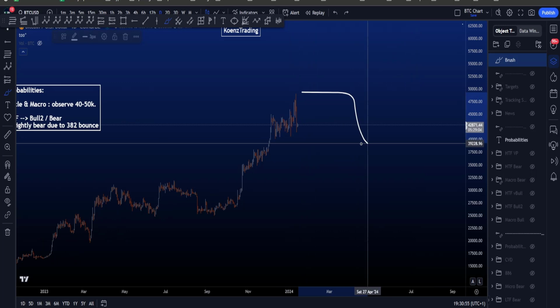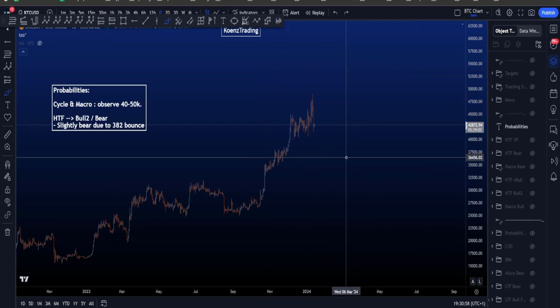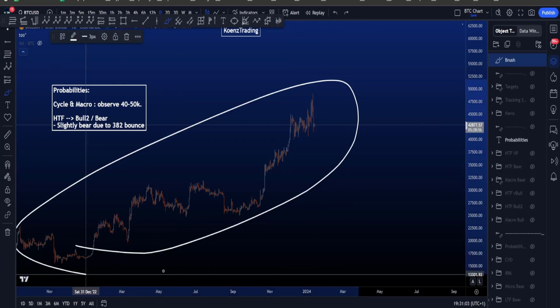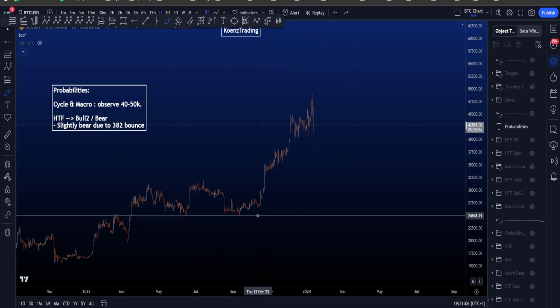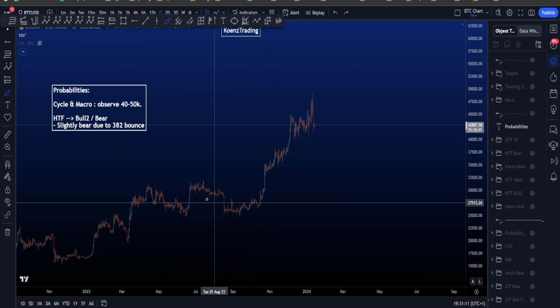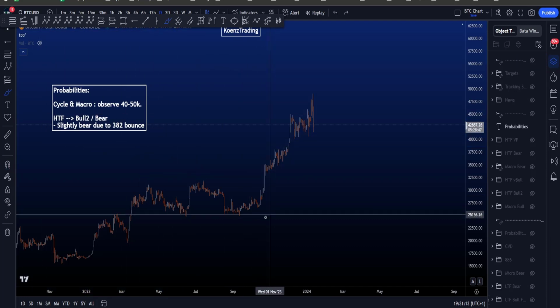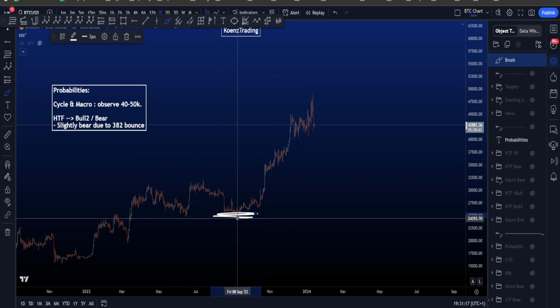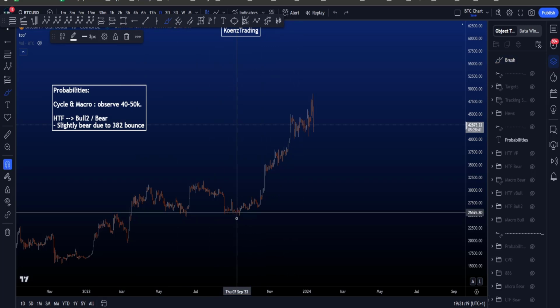It really depends on the local price action, which has to do with the local or the short-term daily updates. On the high time frame, which is the daily chart over here locally, the fact that price bounced on the 0.382 here does increase the probabilities slightly for a potential wave C, just because the 0.382 is a common target for B and less common for a wave 2.